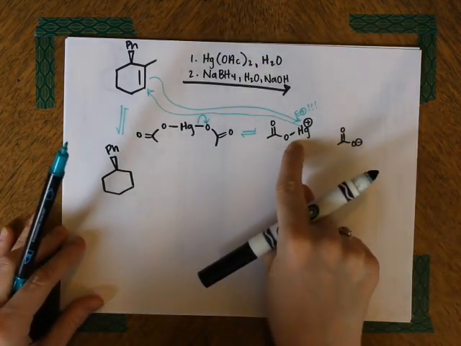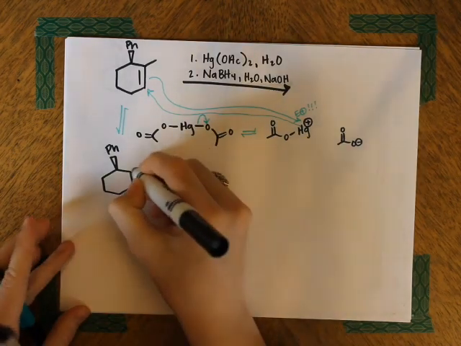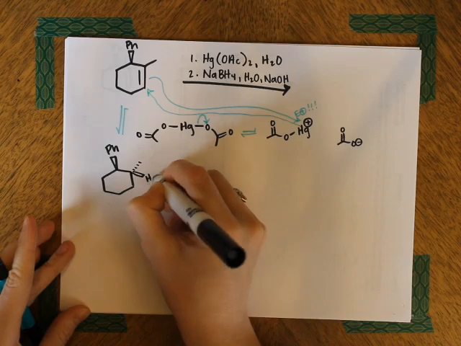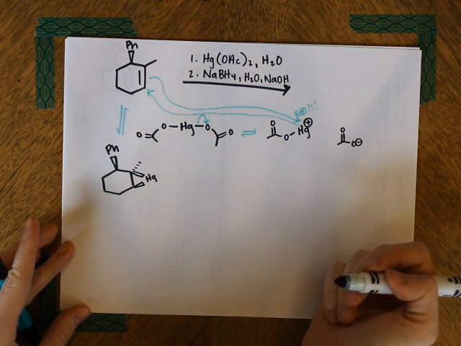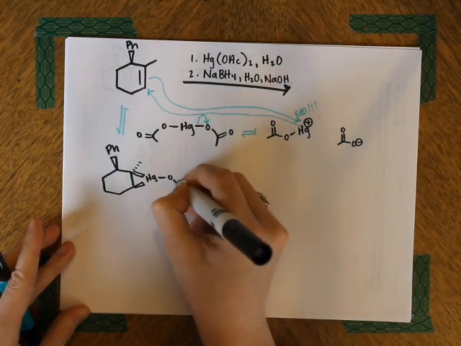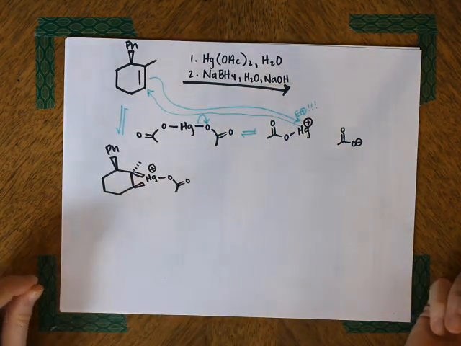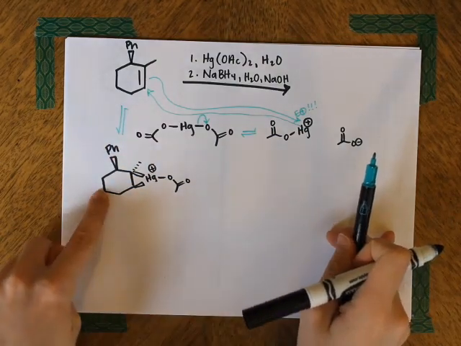Now this guy is going to add one way or the other because it's going to be an epoxide type thing. So either I'm going to add on that wedge there, now my mercury is plus charged again. I started off net positive charge, I end up with a net positive charge.